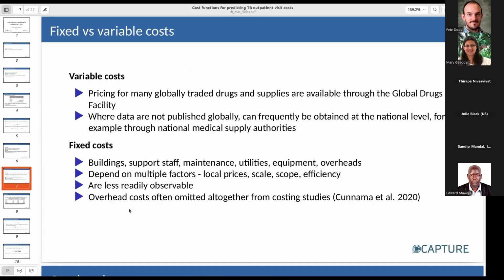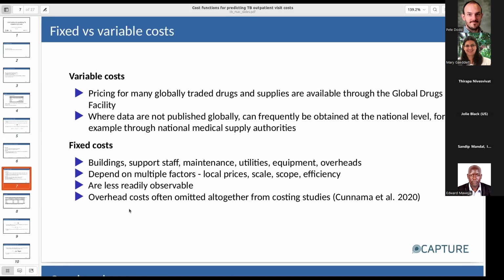So we could get up-to-date information for those particular components of the cost. Clinical staff time, which is usually a variable cost, is a little less easy, obviously, but you can get data on national doctor wages, for example, and then there'll be some normative amount of time that a clinician spends with a patient, depending on the type of visit. So that might vary a bit across facilities, but not hugely.